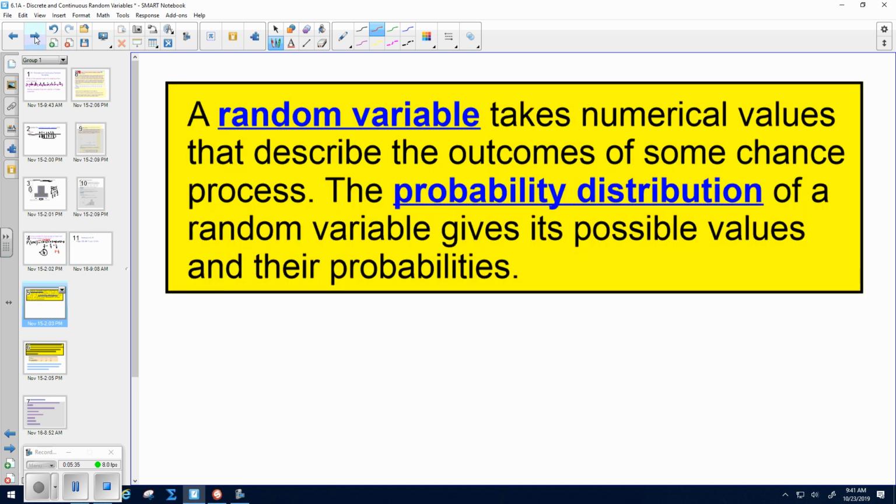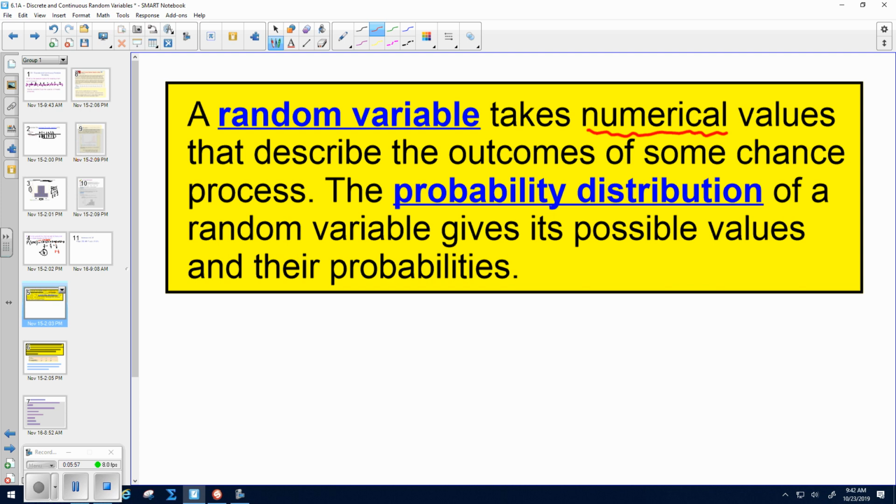What is a random variable? That's what this whole chapter is about. A random variable takes numerical values that describe the outcomes of some chance process. Notice I did not write heads, tails. That would be categorical.